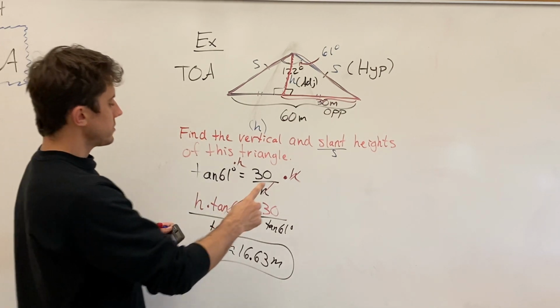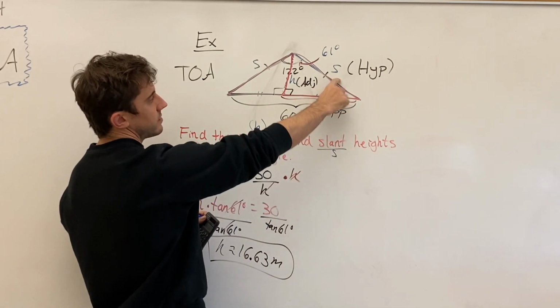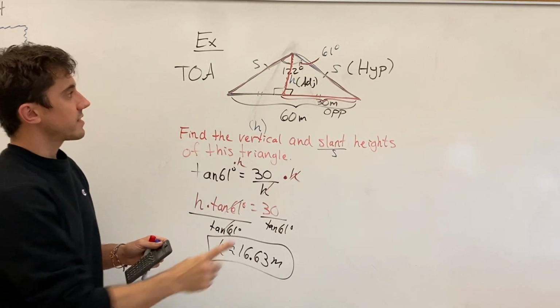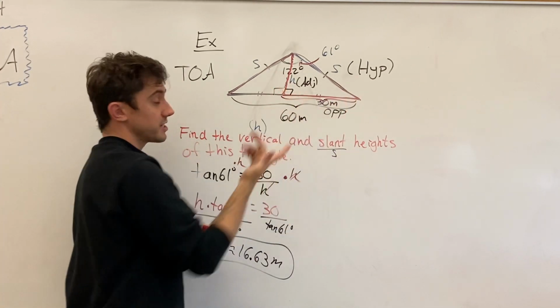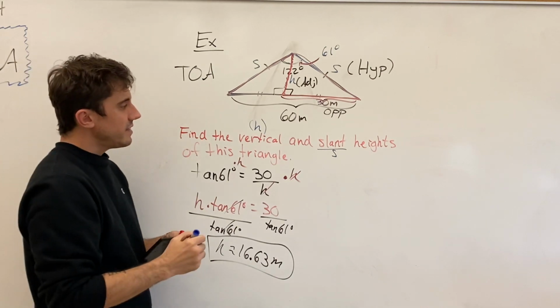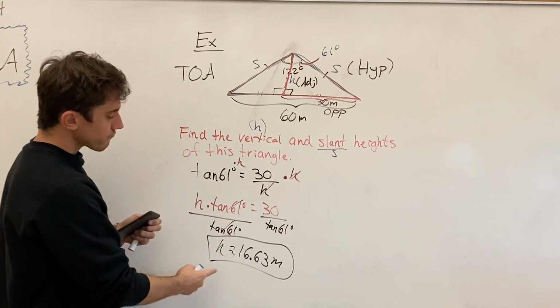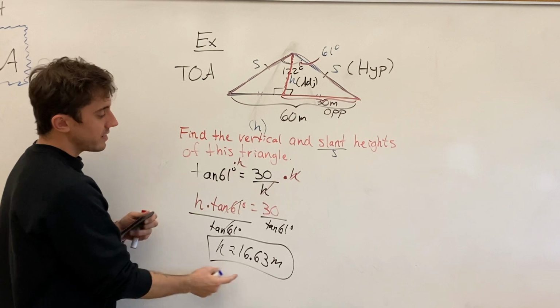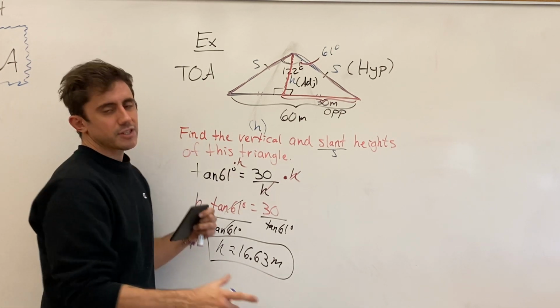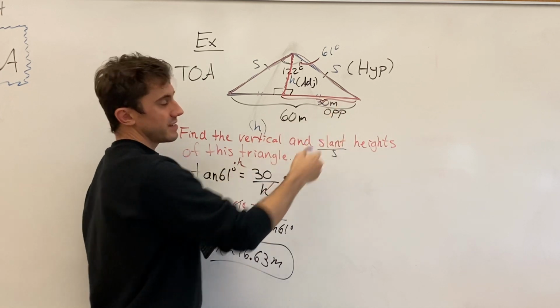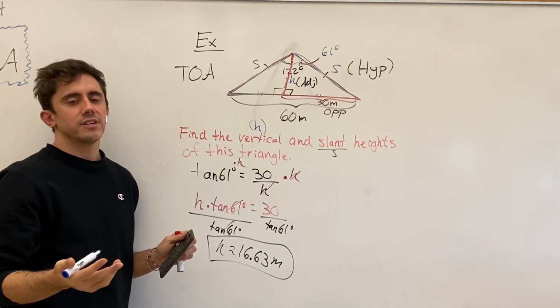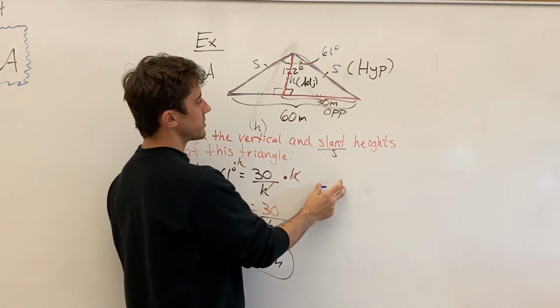And now we also want to get the slant heights, the S on the diagonal, and so that's going to act as the hypotenuse. Now we have both the opposite and the adjacent, but in the spirit of being precise, we know that our adjacent side, our vertical height, we rounded this to 2 decimal places, so it's not exact. The 30 meters on the opposite side is an exact measurement that was given, so let's use that one to improve our precision.